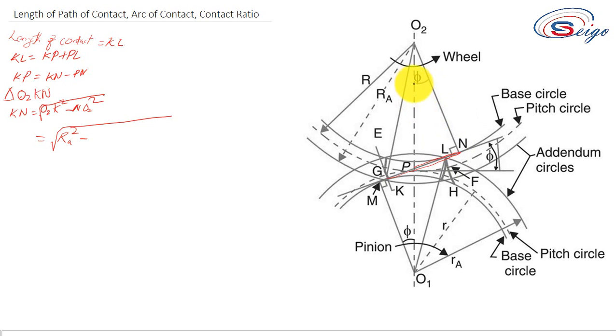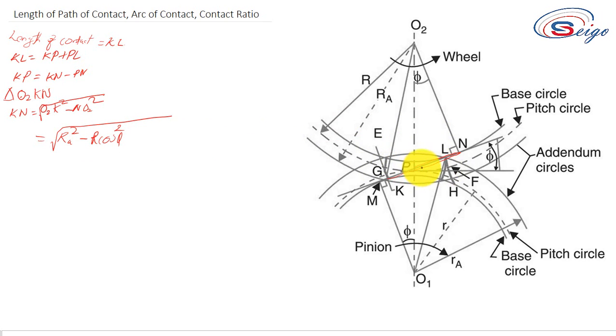You can see that this angle is phi and O2P is the pitch circle radius. Consider the triangles O2NP and O1MP. Both these triangles are similar, so O2N will be equal to R cos phi, and square.